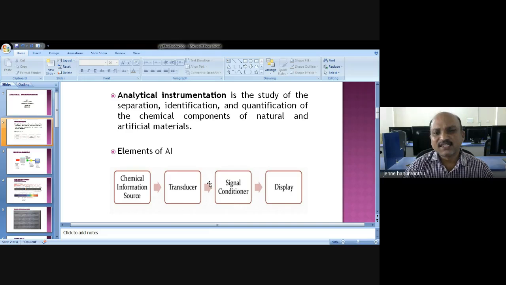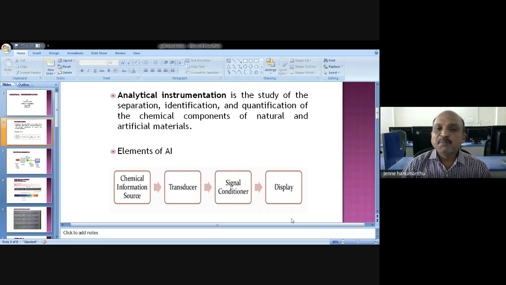What is a signal conditioner? A signal conditioner is nothing but an electronic circuit. The output of a transducer is generally very small, in terms of millivolts. Millivolts cannot be processed or transmitted over long haul distances.